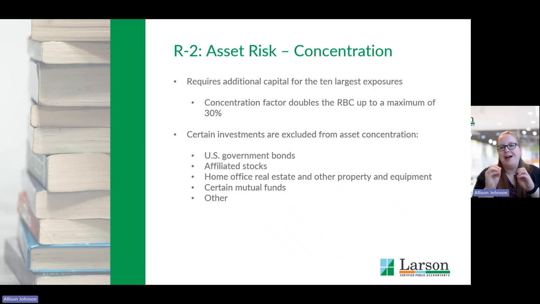Note there are some items that are exempt from looking at your 10 largest exposures, US government bonds, affiliated stocks, some mutual funds, property, and then a few other things. So be aware that when you're trying to determine your top 10, make sure you're excluding the appropriate items.